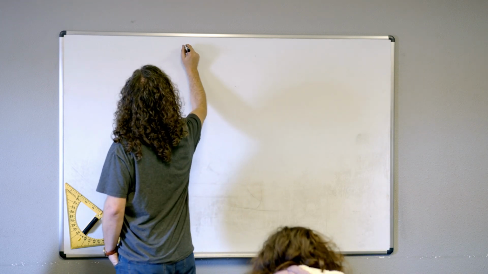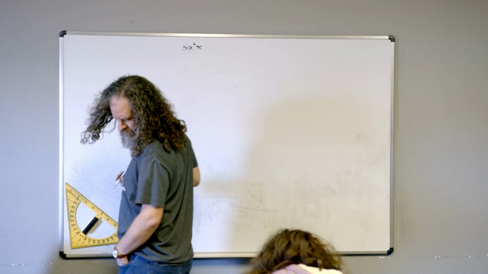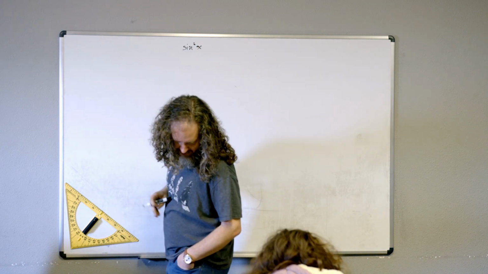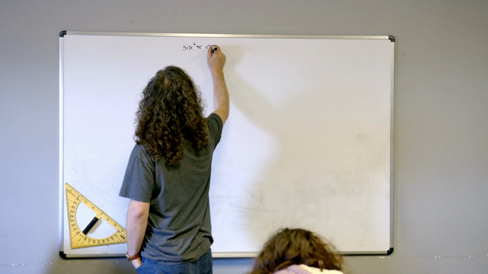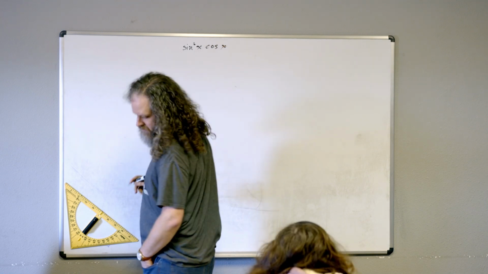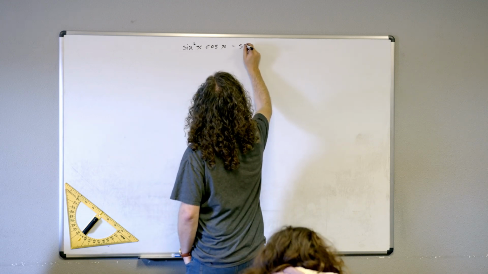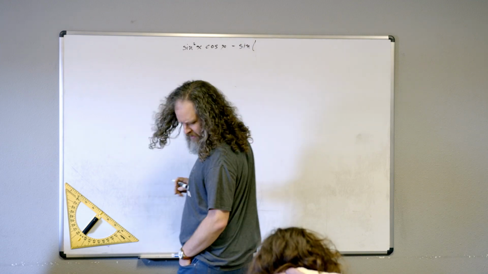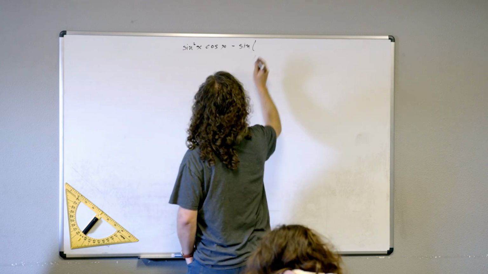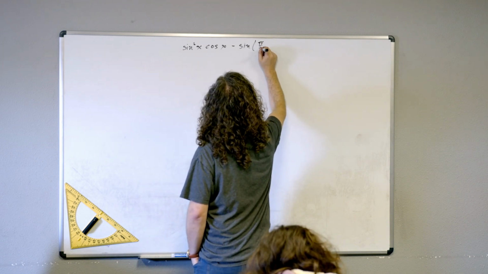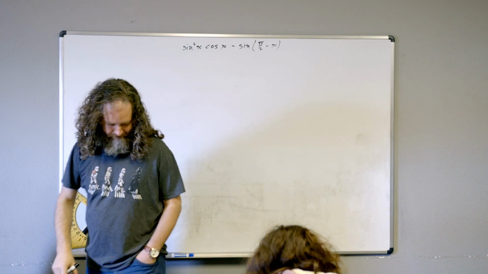Oh, I said we're doing guided practice. That's fine. We'll do this one instead: sine squared x times cosine x minus sine of pi over 2 minus x. We're supposed to simplify it.